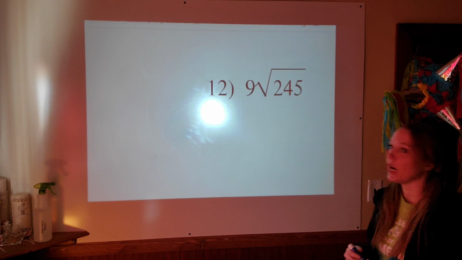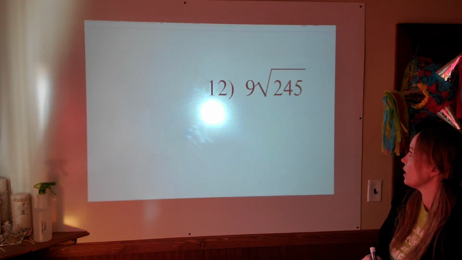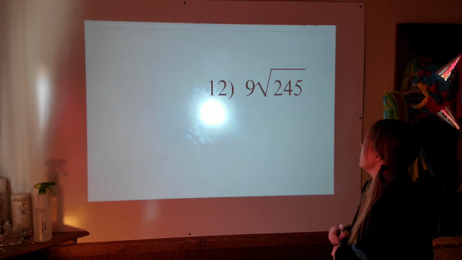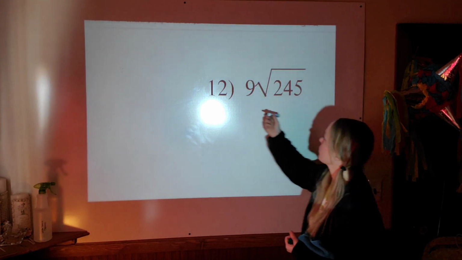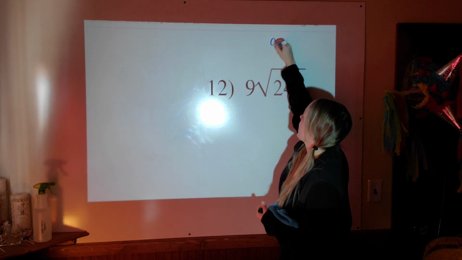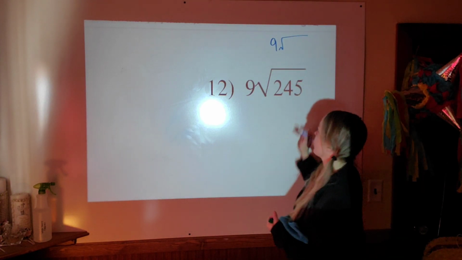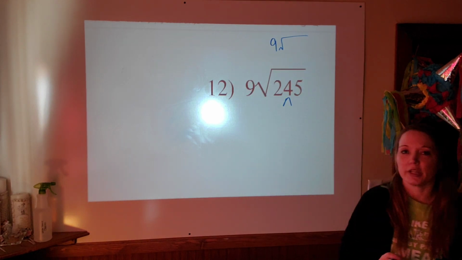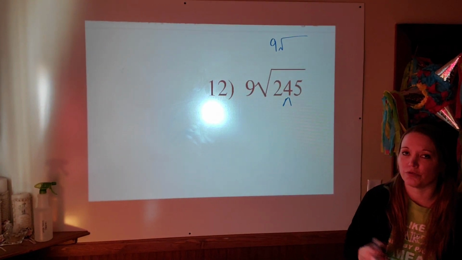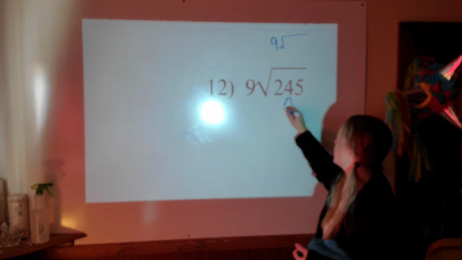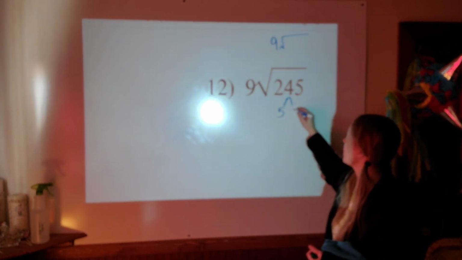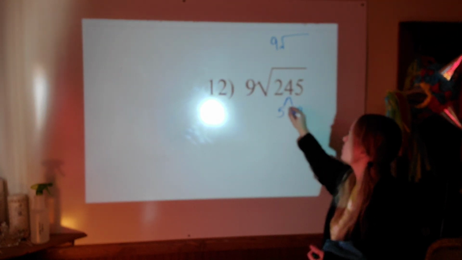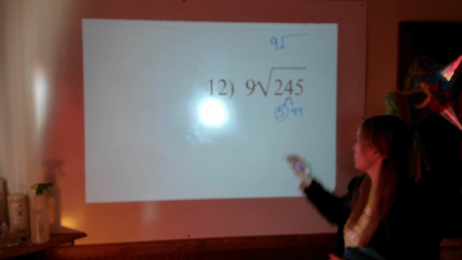Again, you've already got a number out in front, so that number is just going to be multiplied with anything that comes out in front of this. So you've already got a 9 square root, and then we're just going to figure out what goes in there. So 245, it ends in a 5, which means that you can do 5 times something. So 5 times 49. 5 is one of those prime numbers, so you circle it.